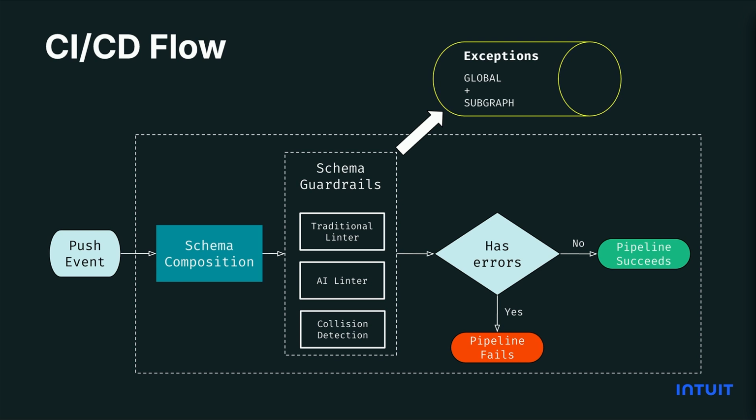Not every case fits all the teams, right? Maybe for some schema they don't need an exception, but some other team has a collision and needs an exception for some field. So obviously, if the tools return errors, we fail the pipeline. If not, we publish the schema, and they're ready to use it.